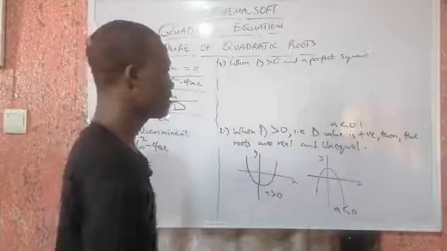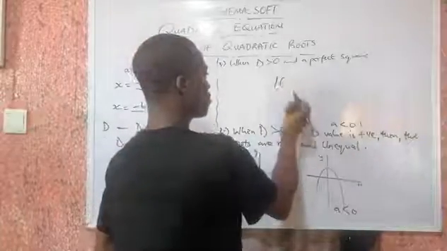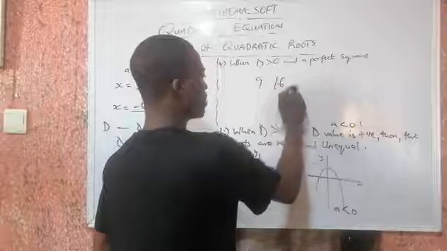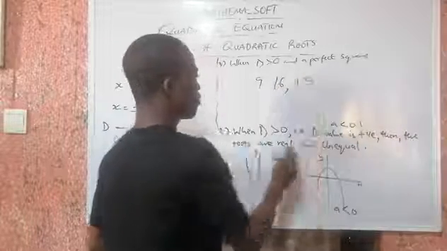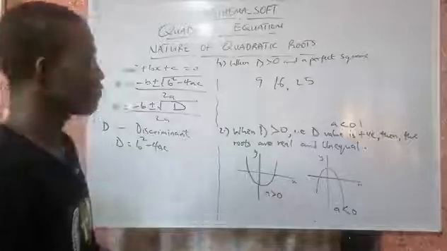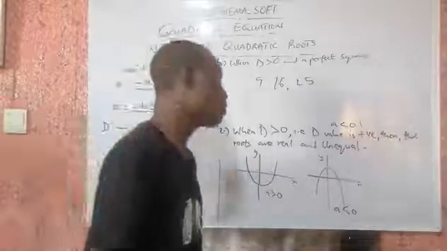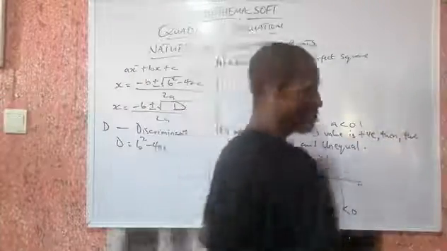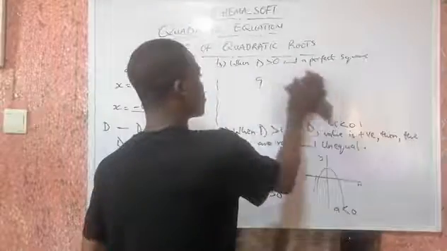16 is a perfect square, 9 is a perfect square, 25 is a perfect square. Root 9 is 3, root 16 is 4, root 25 is 5. So these are perfect squares.